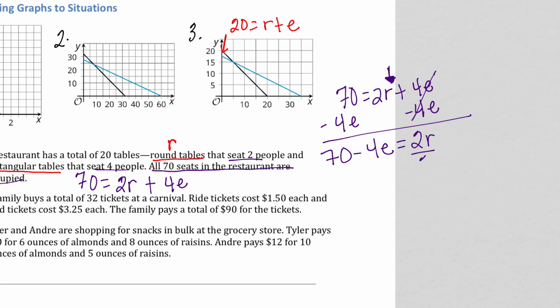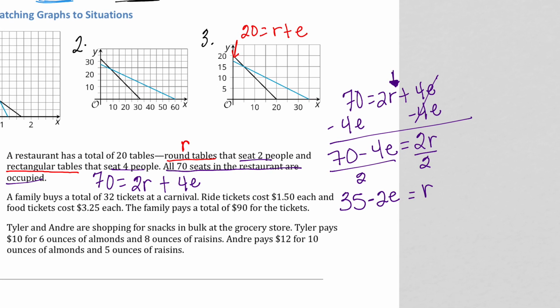Divide by 2. What is 70 divided by 2? 35. What is negative 4e divided by 2? What's 4 divided by 2? 2. We keep our negative sign and we keep our e.